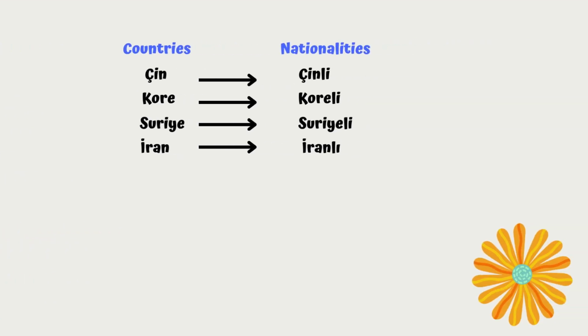We have countries and nationalities. As you see, some nationalities take certain endings. Let's take a look at these examples. Çin, Çinli. Kore, Koreli. Suriye, Suriyeli. İran, İranlı. So we can make nationalities if we know the names for the countries, using this ending li or lı ending.